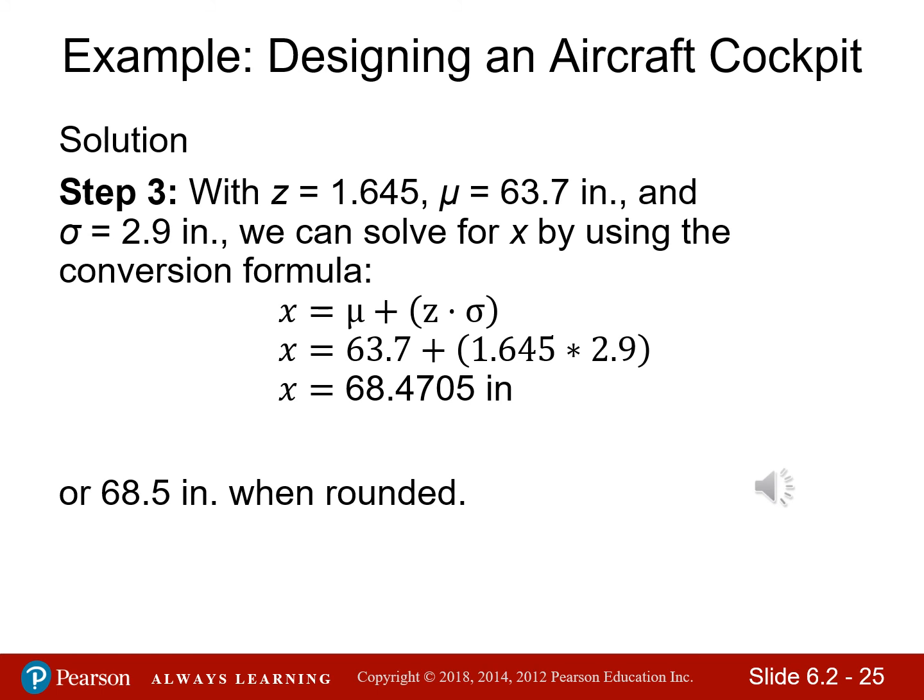So we can say that x equals 63.7 plus 1.645 multiplied by 2.9, and that is equal to 68.4705 inches, or when we round we can say that x is equal to 68.5 inches.